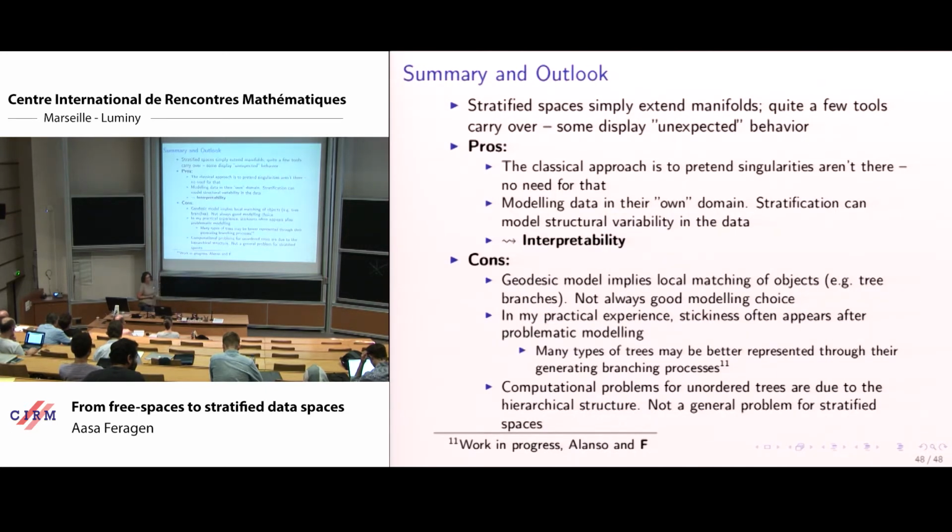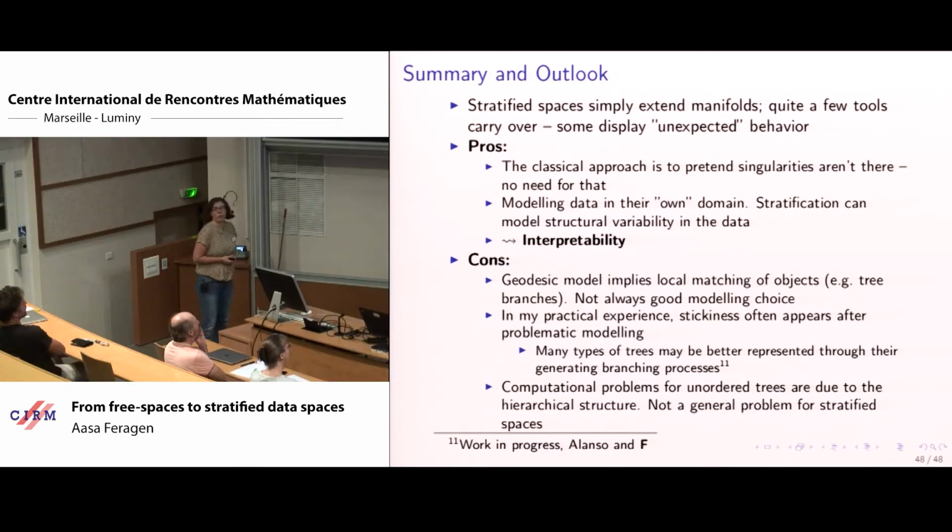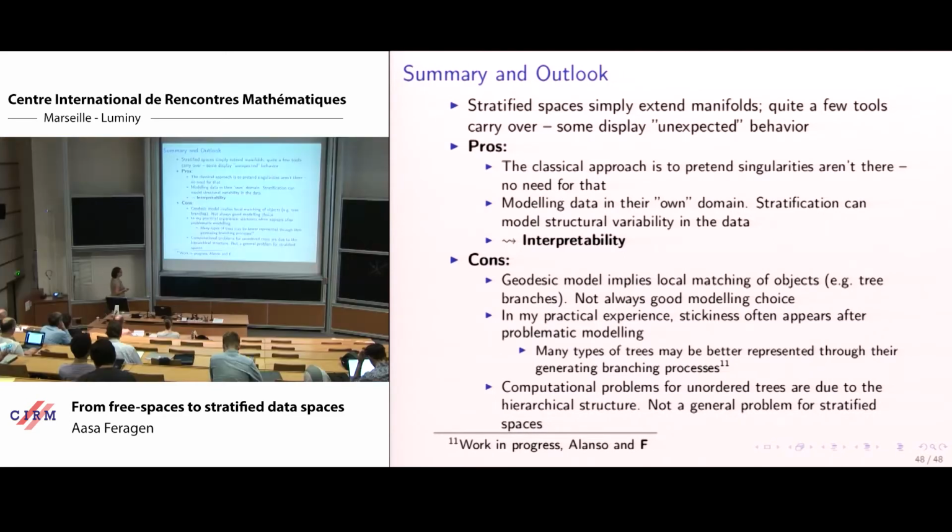So in summary, stratified spaces extend manifolds. And we do have quite a few tools that carry over. Some of them have some unexpected behavior, but I say "unexpected" with quotation marks, because once you see it and you start thinking about it, maybe you should have expected it. So the pros of this, I'd say, is that the classical approach to handling singularities is to pretend they aren't there, and I don't think we need to do that.